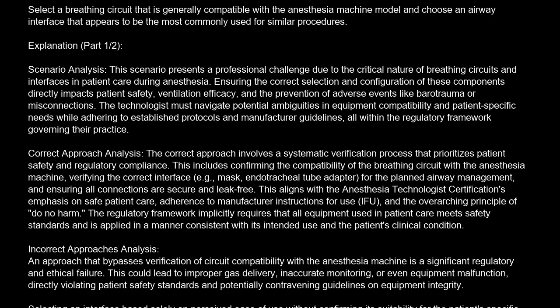Incorrect approaches analysis. An approach that bypasses verification of circuit compatibility with the anesthesia machine is a significant regulatory and ethical failure. This could lead to improper gas delivery, inaccurate monitoring, or even equipment malfunction, directly violating patient safety standards and potentially contravening guidelines on equipment integrity.